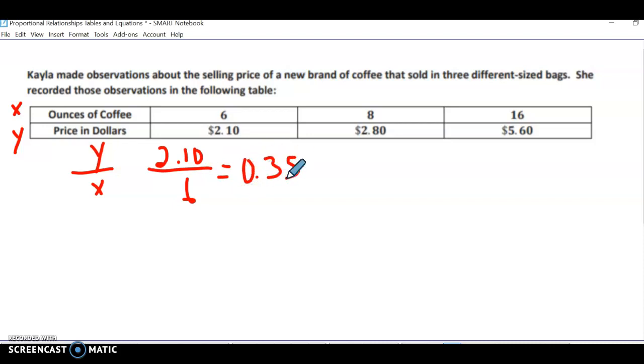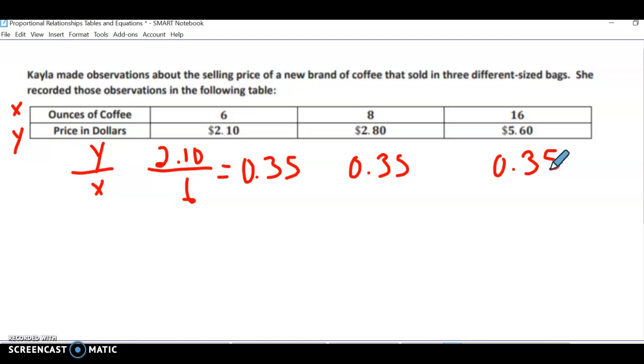Okay, let's try the next one. $2.80 divided by 8, y over x, is also 0.35. And the last one, $5.60 divided by 16, is also 35 cents. And we would say it's 35 cents per ounce.